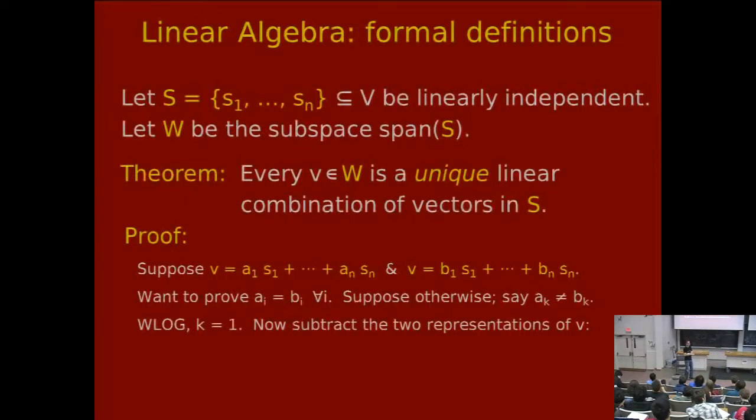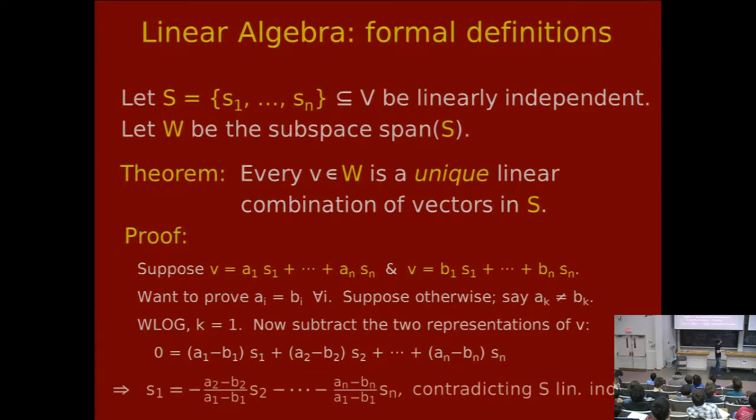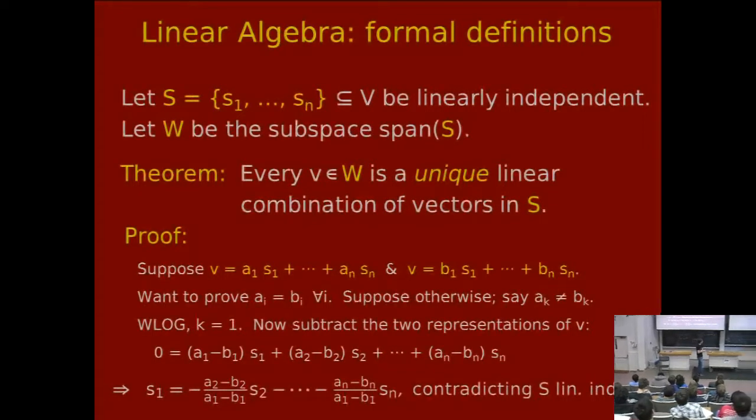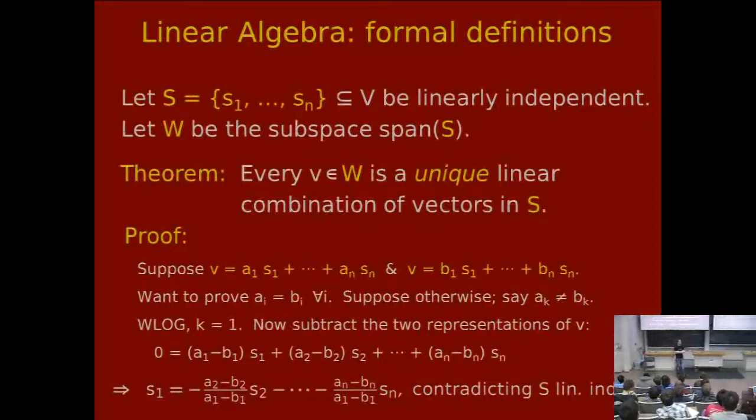Now I'll subtract them. When I subtract them, I get v minus v, that's 0, and then this linear combination of S1 through Sn. But we're assuming that A1 and B1 are different. These are field elements, remember, they're scalars. So this subtraction, A1 minus B1, is not 0. So I can rearrange this equation, put all this junk on this side and then divide by A1 minus B1, because it's not 0, so you're allowed to divide by it.